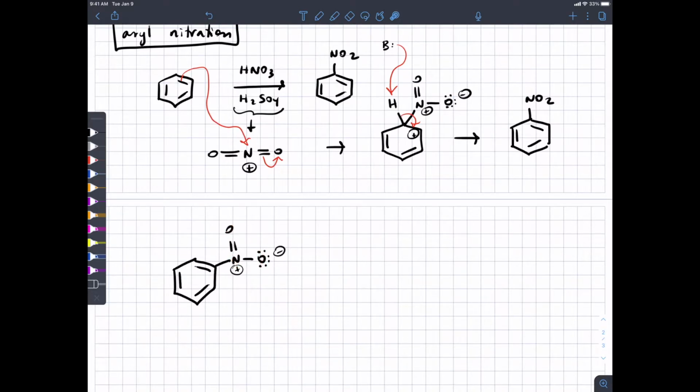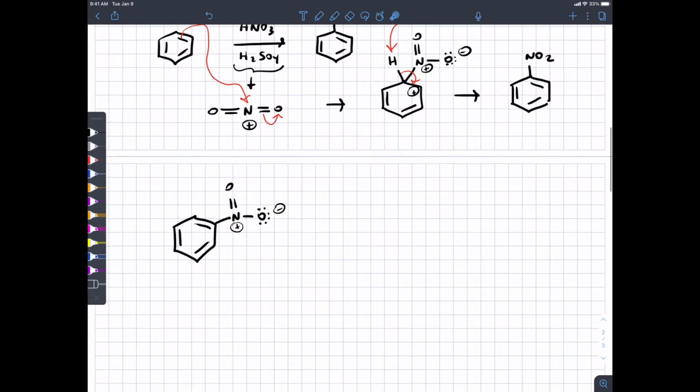You have a positive formal charge on the nitrogen, so overall the nitro group is neutral. The nitrogen is electronegative. So this is an inductive EWG, which stands for electron withdrawing group, meaning that you've got a dipole that pulls electron density out of the ring.